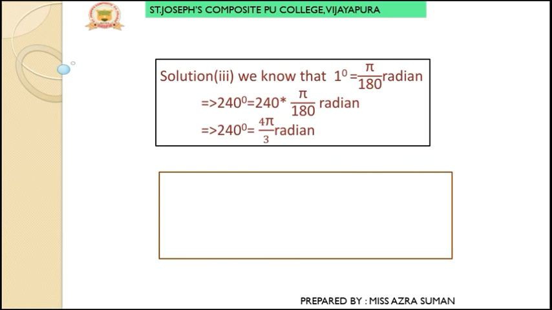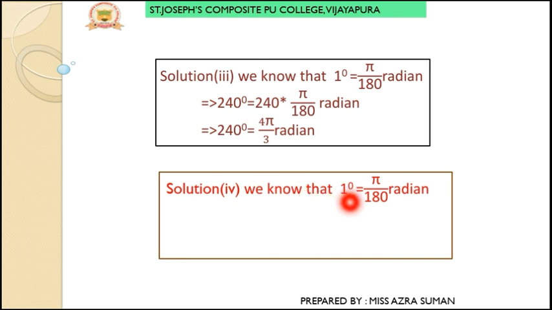Now, the solution for the fourth problem is, we know that 1 degree is equal to pi by 180 radian. Here we have to calculate for 520 degree, which is equal to 520 into pi by 180 radian.